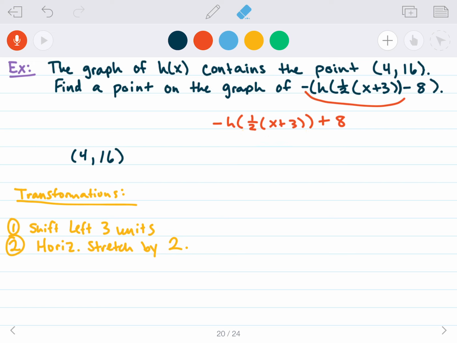Now, what's happening to y? Well, we can see this -1 on the outside is telling me that this is a reflection across the x-axis. And the +8 at the end is telling me that I'm going to shift this up 8 units.